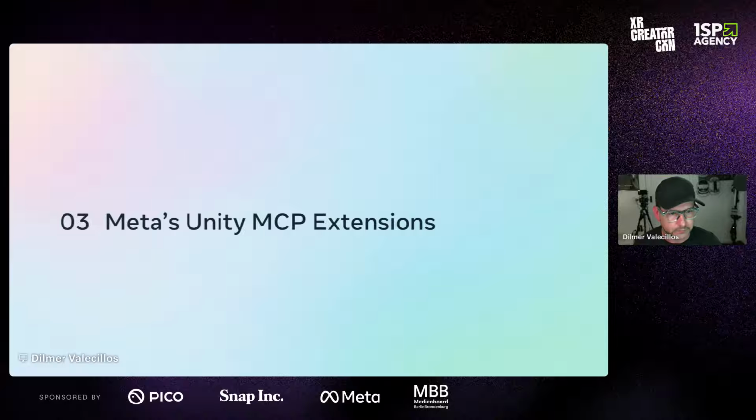So what are the Meta Unity MCP extensions? Think about the Unity MCP or the Codeplay MCP as having an understanding of your Unity scene. But what about understanding some of our core components?